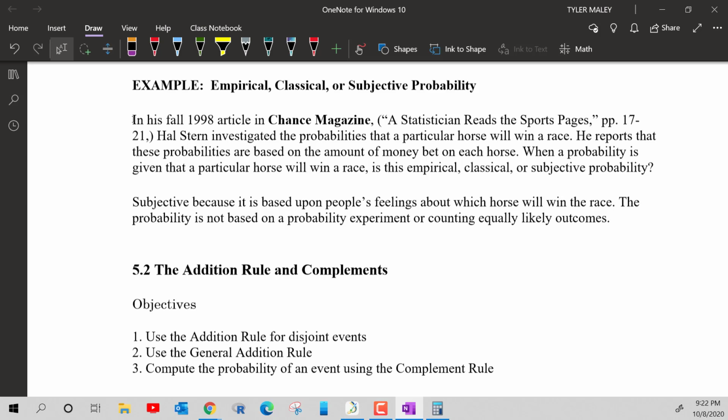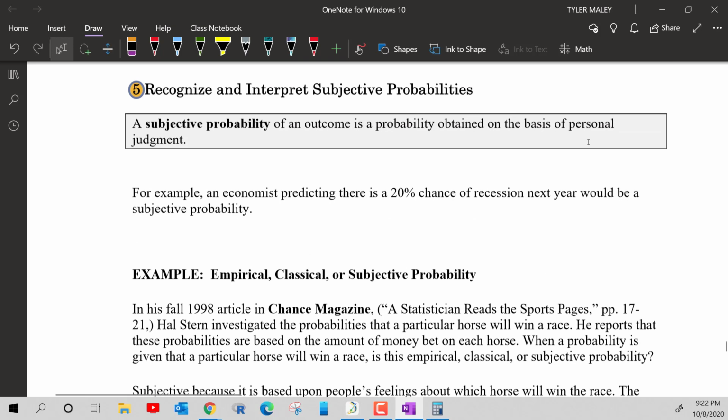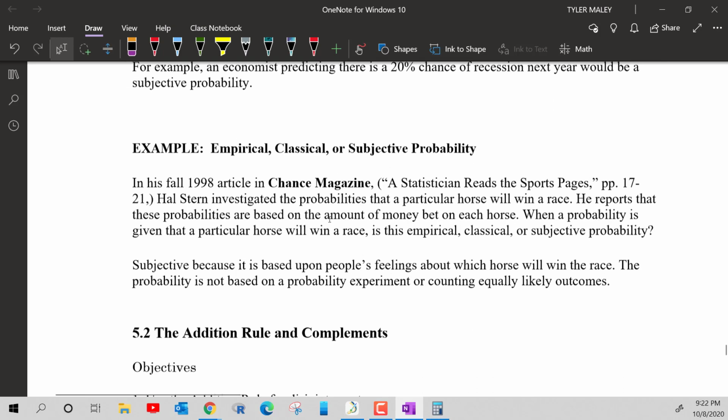So this is subjective because it's based upon people's feelings about which horse will win the race. The probability is not based on a probability experiment or counting equally likely outcomes, right? So if those two things aren't happening, and it's based on personal judgment, we call that subjective probability.